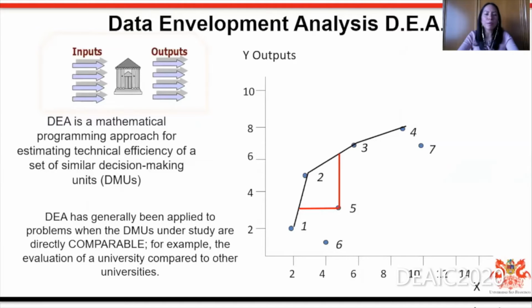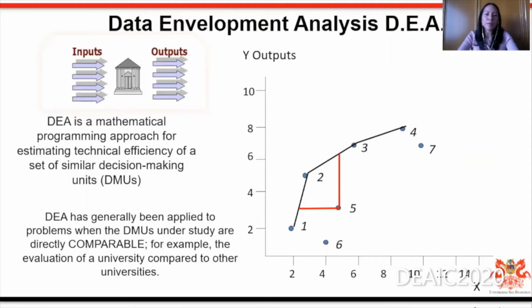It measures the performance of decision-making units in relation to other similar DMUs. DEA creates an efficient frontier where the best performing units from the dataset are located. The other units not lying on the efficient frontier are said to be inefficient.